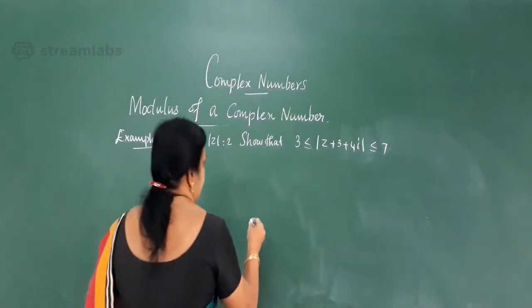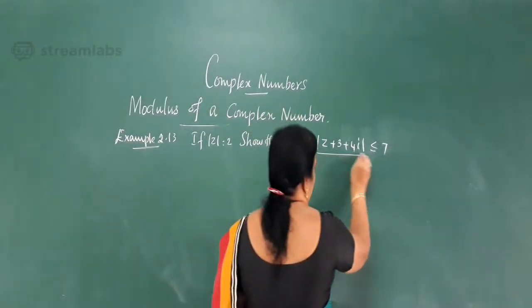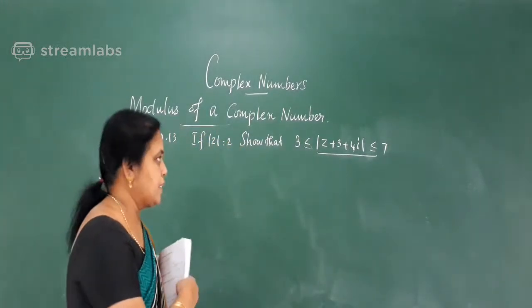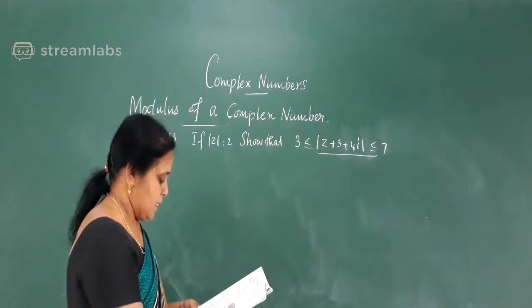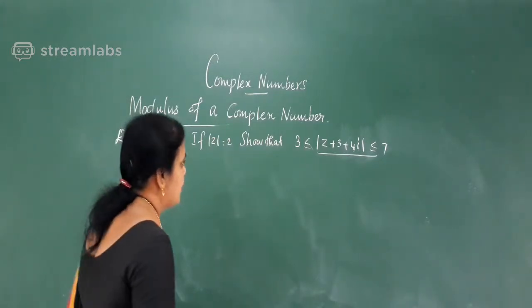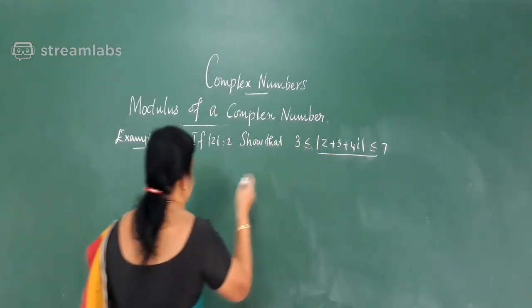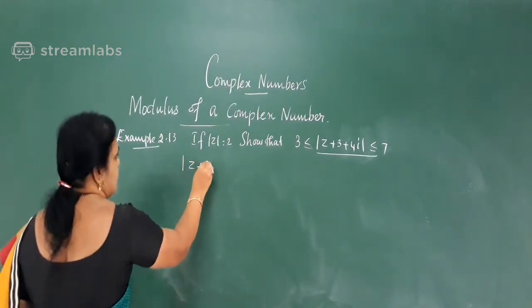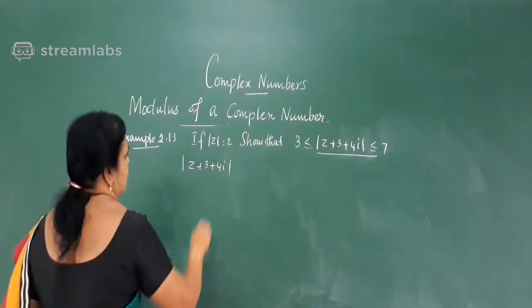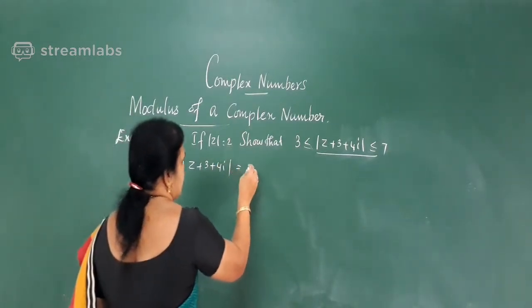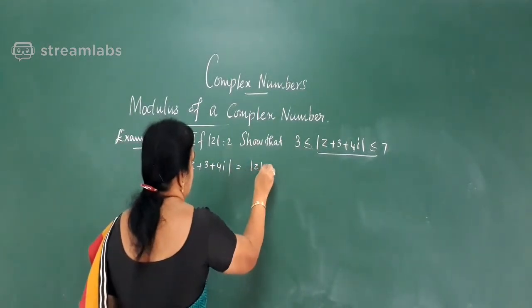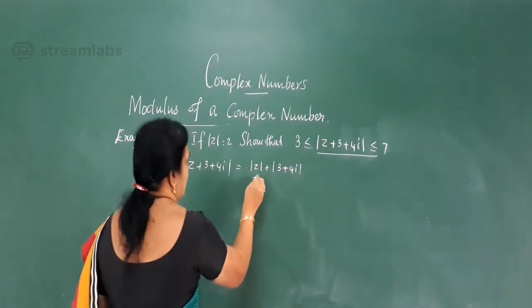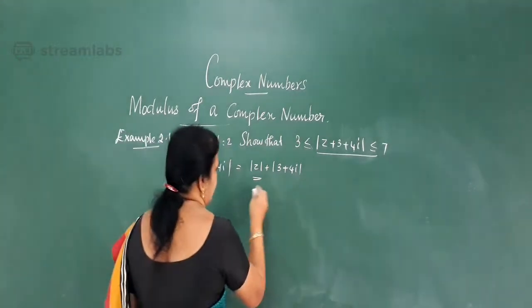See here, first you take these two, what is that? Mod z plus 3 plus 4i. Now I am going to take this part first. You just split this into two terms. We know that mod z equal to 2 is given.